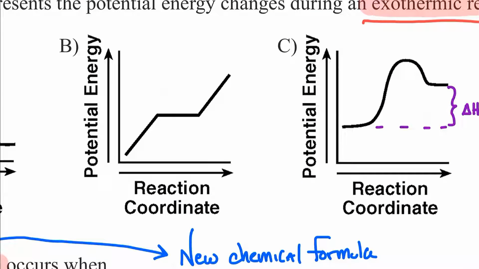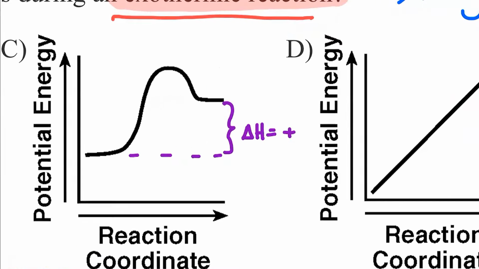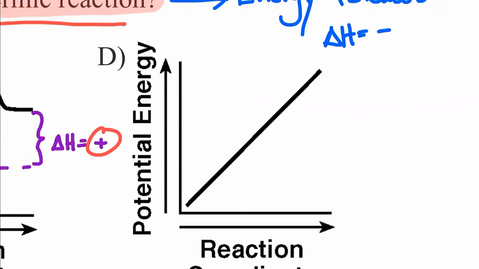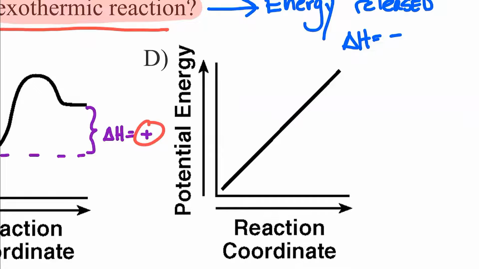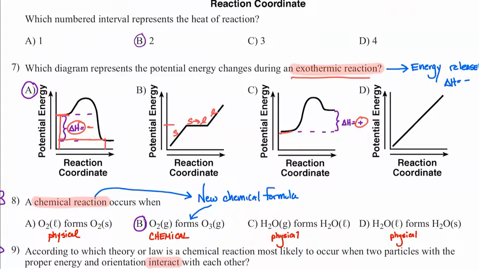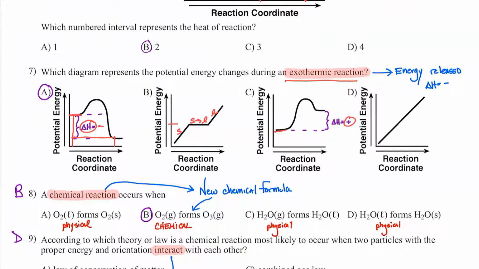B is like a heating curve. This could be a solid melting into a liquid. Phase change stays constant, and that's endothermic, starting low and going high. Delta H is positive. And this could be a relationship that's proportionate. Heck, that could be pressure and temperature, or pressure and volume, but that's got nothing to do with the answers here. So 7 is A.